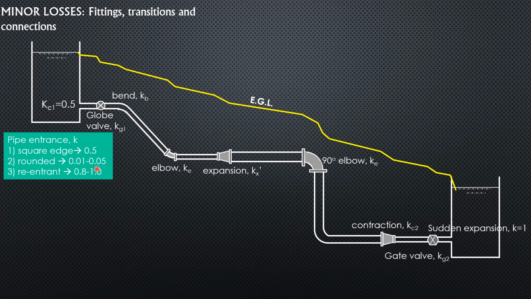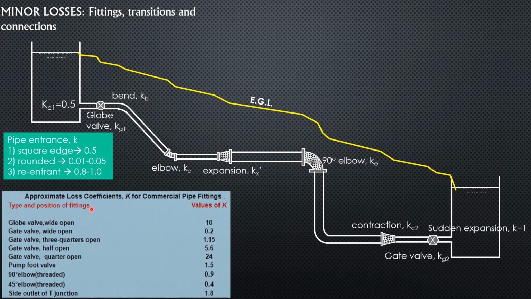Rounded or bell mouth: remember the head loss is very small, so it ranges from 0.01 to 0.05. But I'm just giving you the range. Do not memorize, don't worry about it. It will be given in the problem if you are asked to solve a problem on the incorporation of these minor losses, except for major loss, where you are obliged to memorize the empirical formulas.